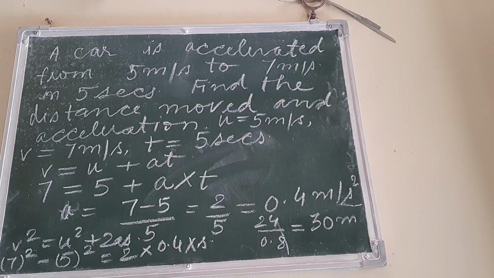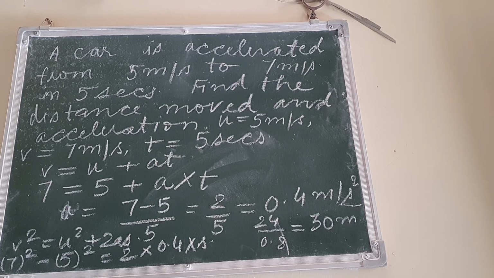So applying the first equation of motion, v is equal to u plus at. So 7 is equal to 5 plus a into t. So the acceleration we have to find is equal to 7 minus 5 upon 5, so it is 2 upon 5, so it is coming out to be 0.4 meter per second square.